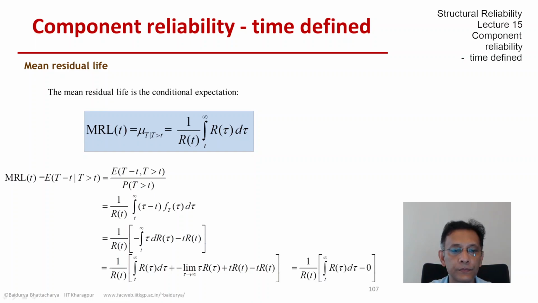Then we are left with the expression that we started with, and the mean residual life is the area under the reliability curve starting at t, to the right of t, normalized by the reliability at that instant. Just as a check, when t is equal to 0, we are left with just the mean time to failure, as it should be.